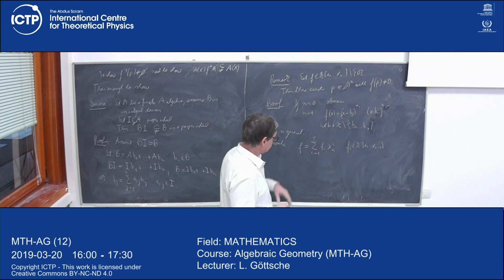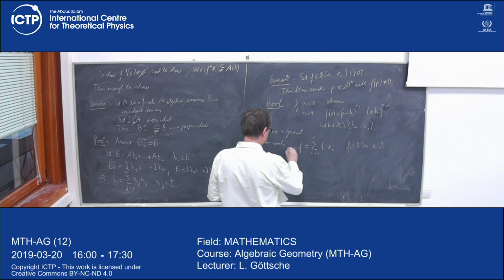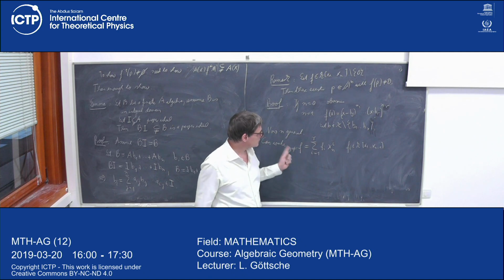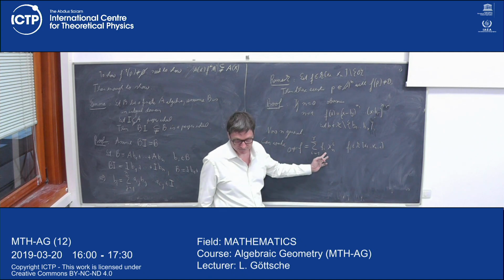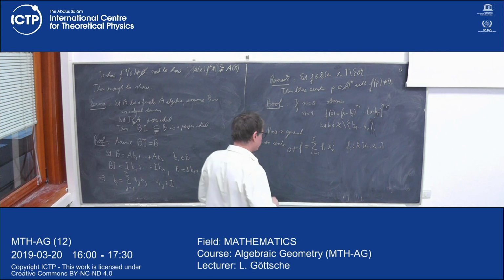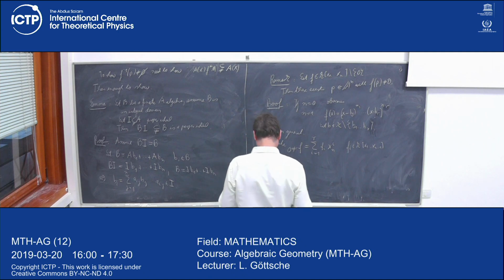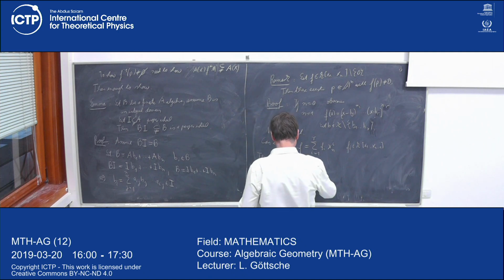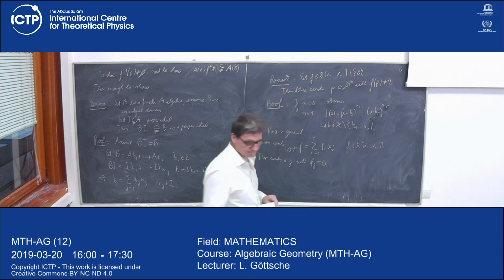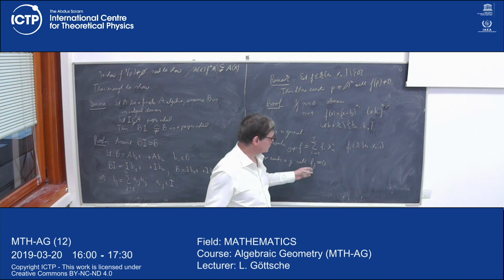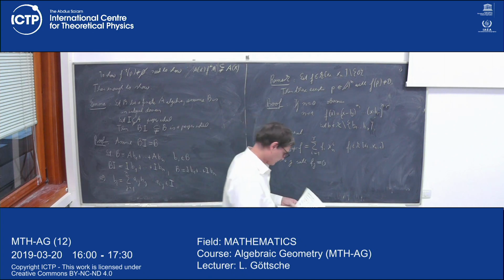So we have assumed that f is non-zero. That means that one of the coefficients must be non-zero. So there exists a j with fj not the 0 polynomial.